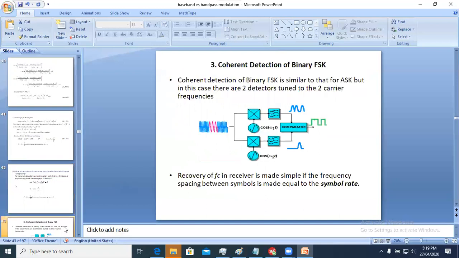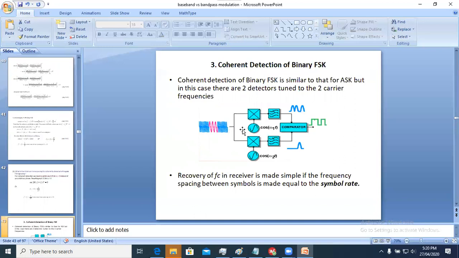The coherent detection of binary FSK depends on two branches, and we compare the output of the two branches. It is just like a two-branch ASK. In binary ASK we have half of this, and we are not comparing the signals.